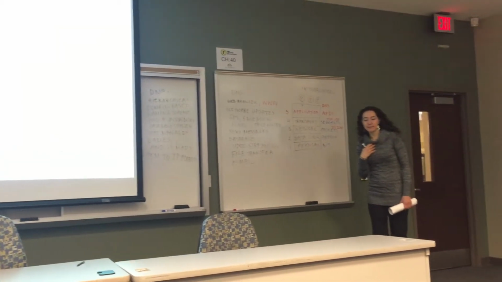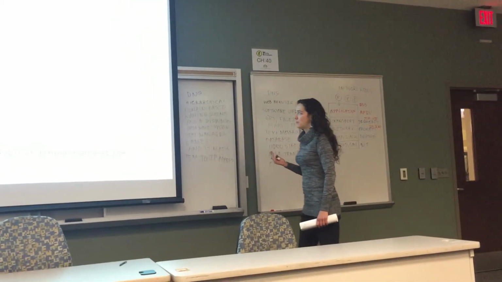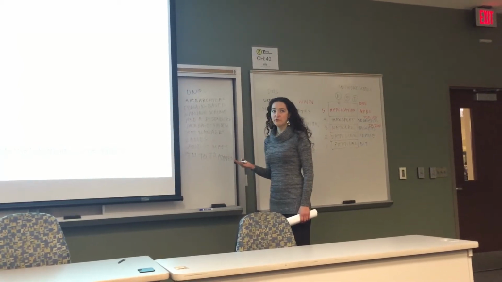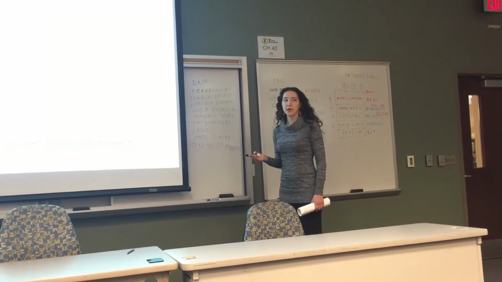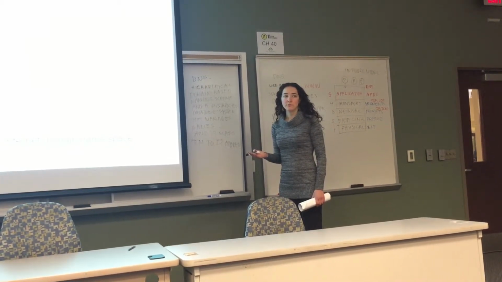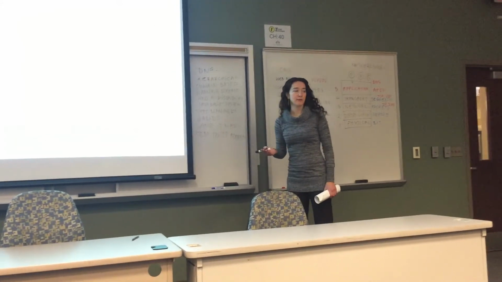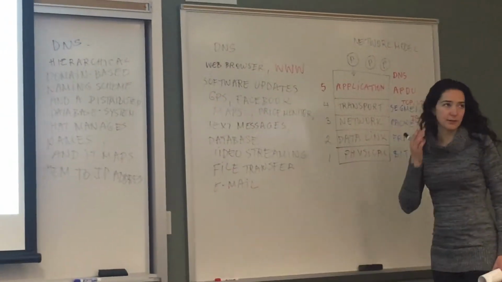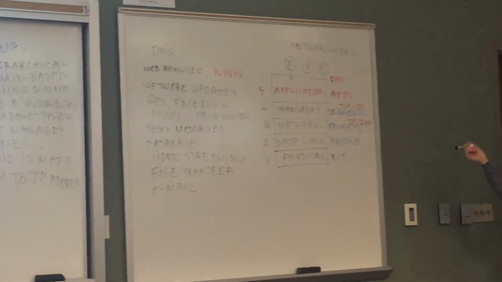But we, as humans, can we remember these IP addresses all the time? So if we want to connect to google.com, instead of saying google.com, we need to know the IP address of Google. Because that's what the network needs to connect to it. The network doesn't understand google.com. It needs the IP address of Google.